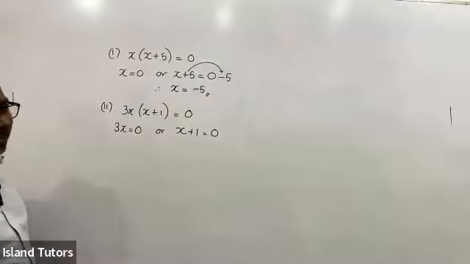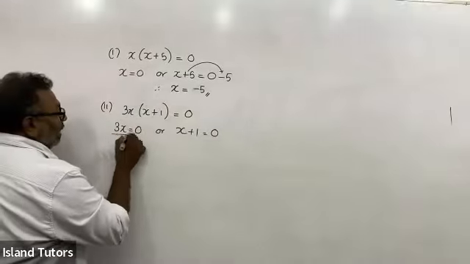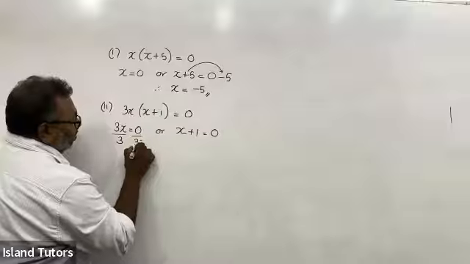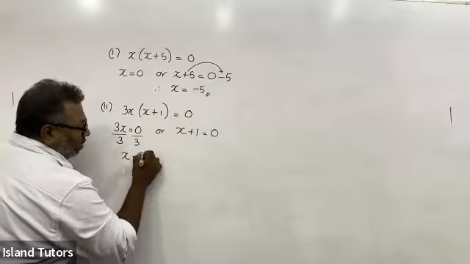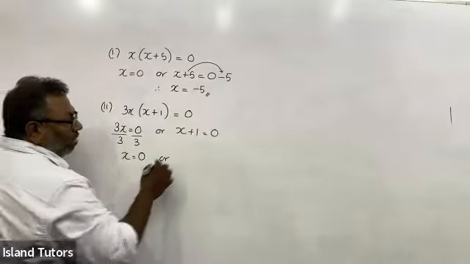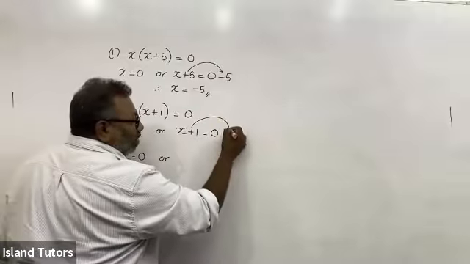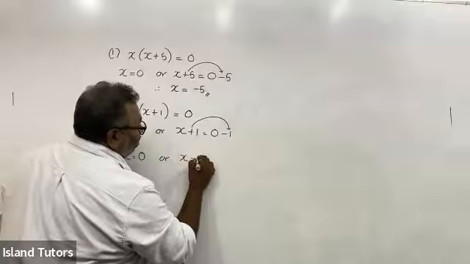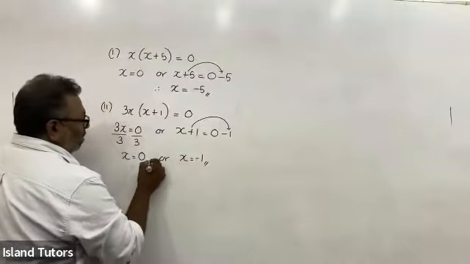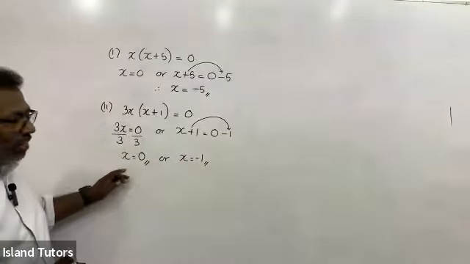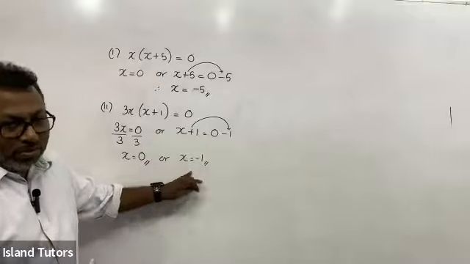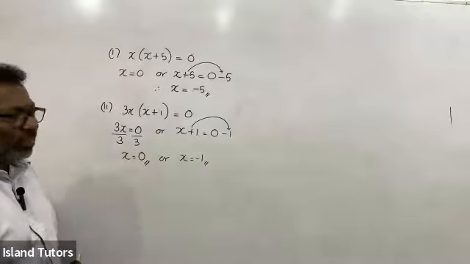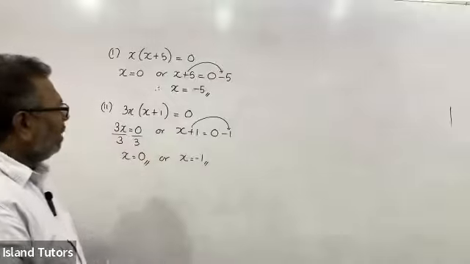So solve for x, divide by 3, divide by 3. X is equal to 0 or plus 1 we take it to this side, minus 1. So x is equal to minus 1. So x is equal to 0 or x is equal to minus 1. That is the second type of quadratic equation.